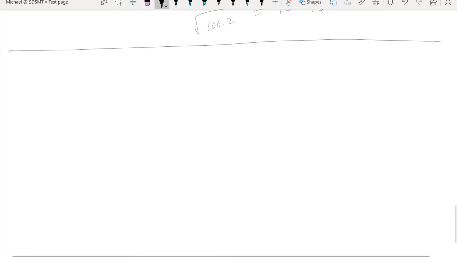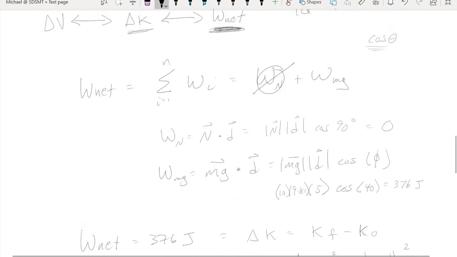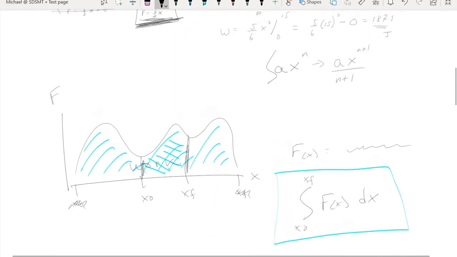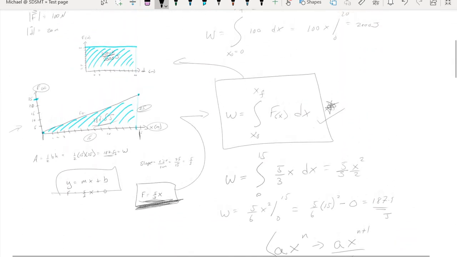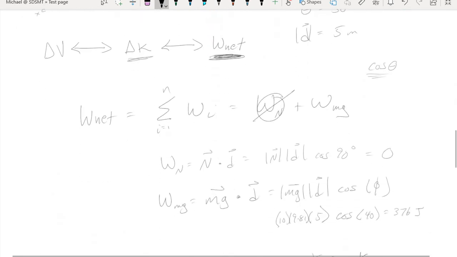And these spring forces can be equated to other systems with elasticity, like a rubber band or a bungee cord. We can use similar expressions for those, but those are variable forces, and that means we're going to have to use the calculus approach to solving the work that is being done by those spring forces, since they're variable.